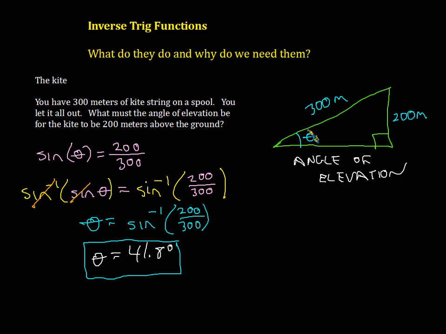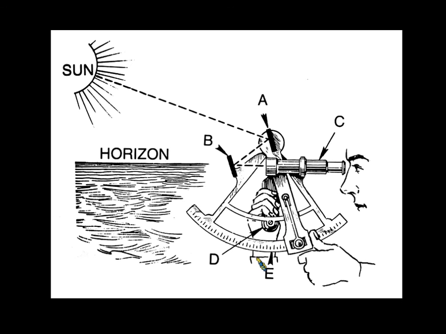You might wonder, well, how do we measure that angle? Well, if you don't mind, I'm just going to go down a little bunny trail here for a second, because there's a couple of cool things that I wanted to share with you. First of all, back in the old days, when sailors had to navigate ships and they had no GPS, they had this device called the sextant.